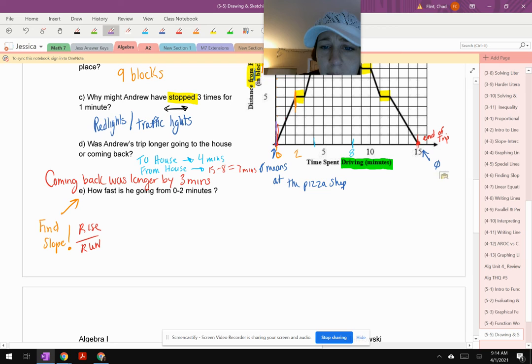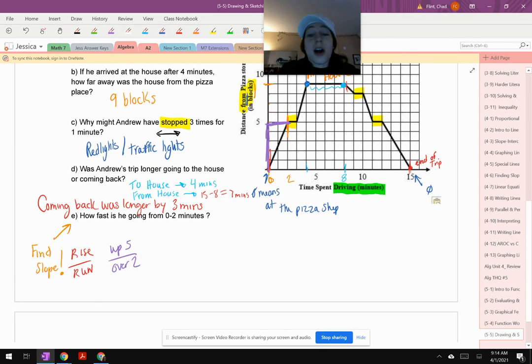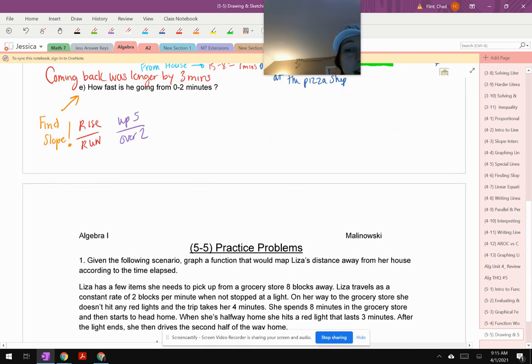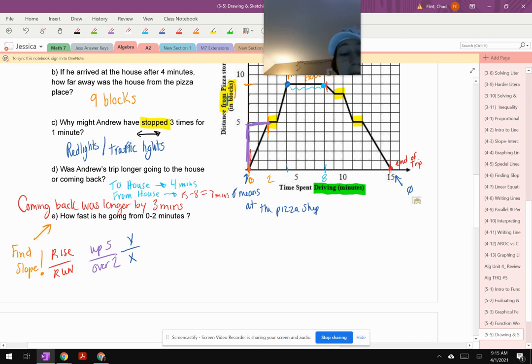So up. Yeah, really, it doesn't cross nicely until right here. So from this point to this point. So I'm going up 1, 2, 3, 4, 5 over 2. Up 5 over 2, which going back and using the labels and stuff that we're talking about, sorry, we have y over x, right? Y is on top, so y is the blocks.